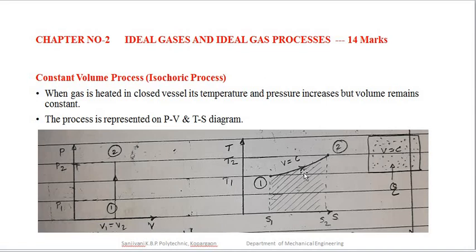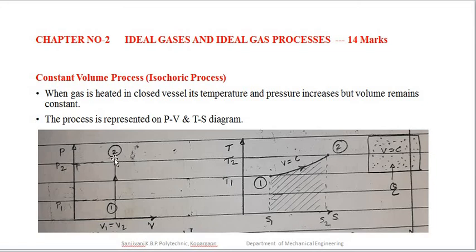Now when we stop the heat addition process, at that point we call it the final state point. Again we measure the different properties at the final state point, and then plot it on both property diagrams, the PV and TS diagrams.